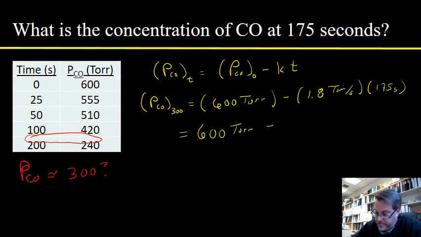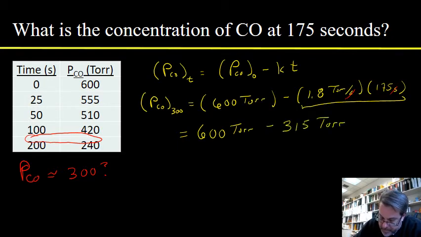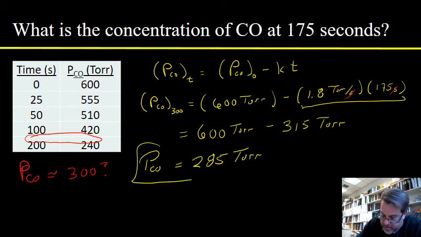And notice here you have Torr per second times seconds, so the seconds cancel out, and our units are in Torr. You get 600 Torr minus 315 Torr. And that ends up being 285 Torr, which is terrific.